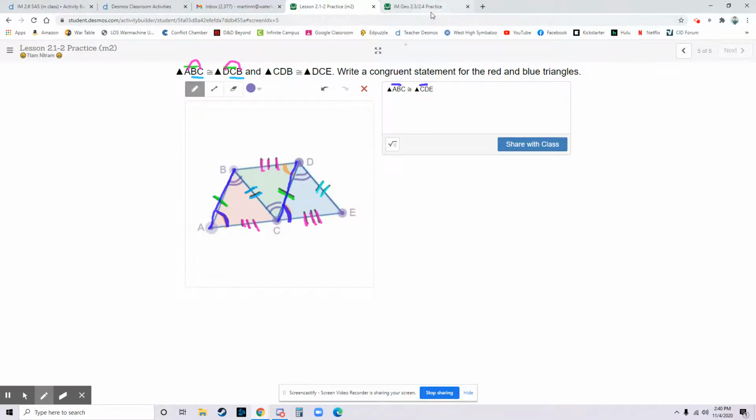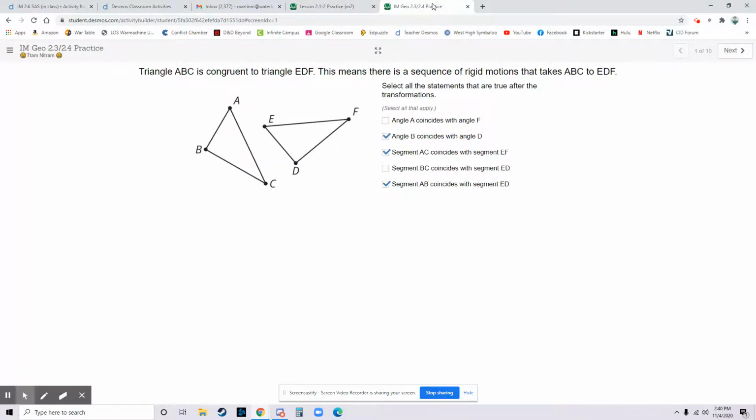I'm going to jump over to the 2.3, 2.4 practice. So first question, which of these things are true? Well, if we can take ABC onto EDF through rigid transformations, then does angle A match up with angle F?